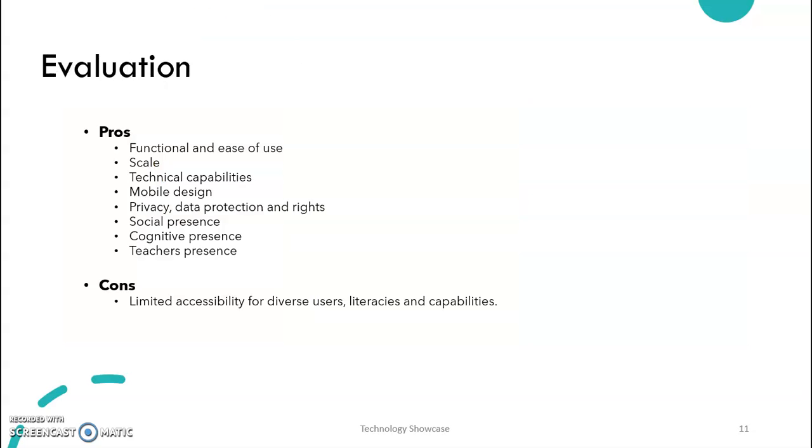Finally, how would we rate Wooclap? In a nutshell, we'd give it 2 thumbs up. Evaluating Wooclap according to the EDUCAUSE rubric for e-learning tools for higher education, the application ranked fairly well. The pros: functional and ease of use. The application has a user interface that is intuitive and easy to navigate. Scale: it has the capacity to be scaled to accommodate any class size.